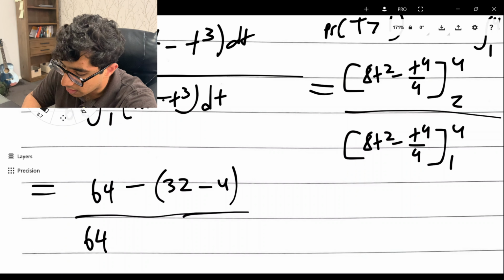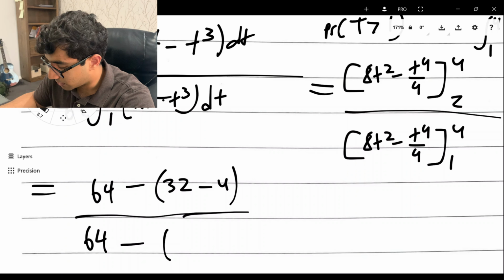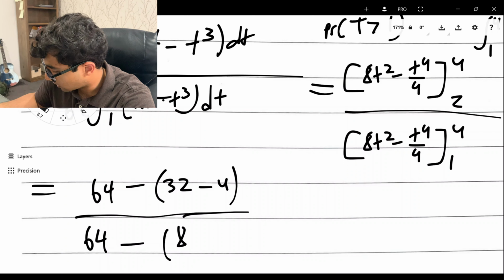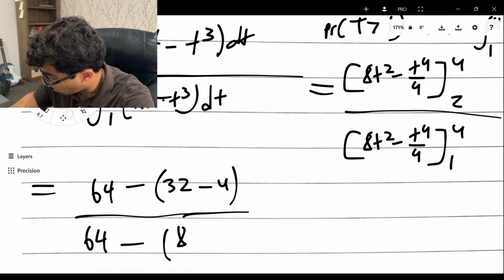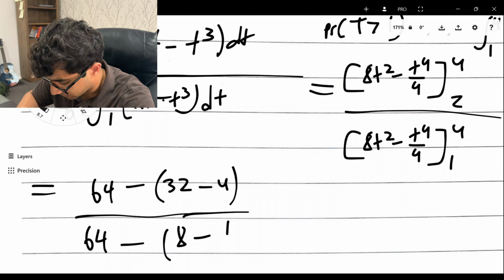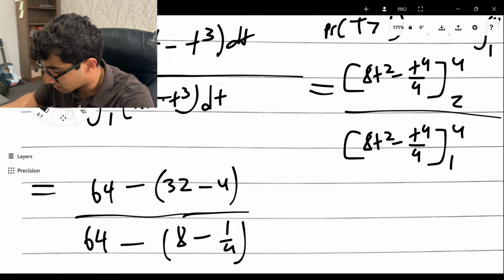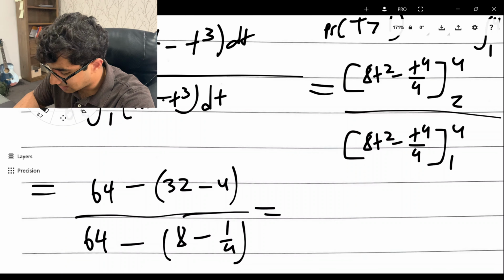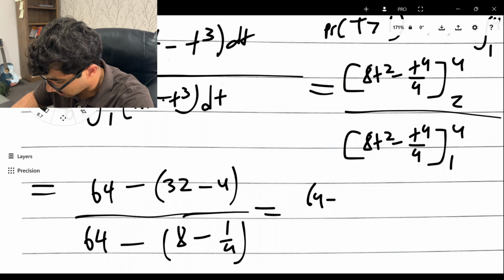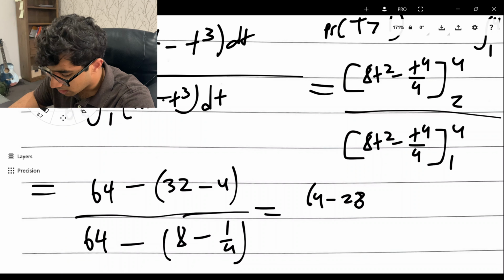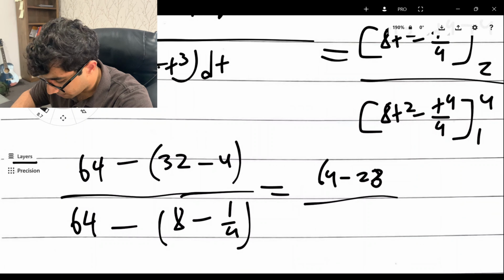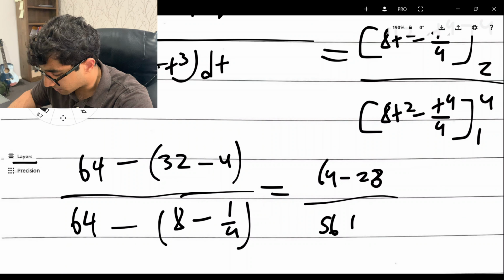Take your time when you're doing this algebra, by the way, guys. I'm just doing it quickly because why not? 8 minus 1 over 4. It's a little bit annoying that we have a fraction down there, but it is what it is. 64 minus 28, so there's the first part, divided by 56 plus 1 over 4.